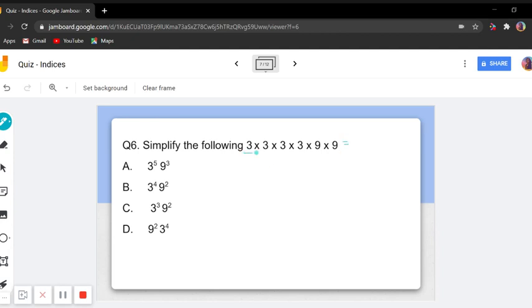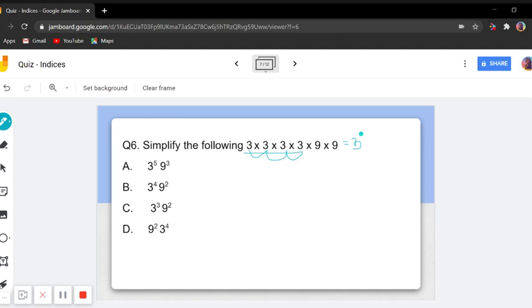Let's solve the base 3 first. The number that multiplies here is 3. And how many times does it multiply by itself? Let's count it together. 1, 2, 3, and 4.